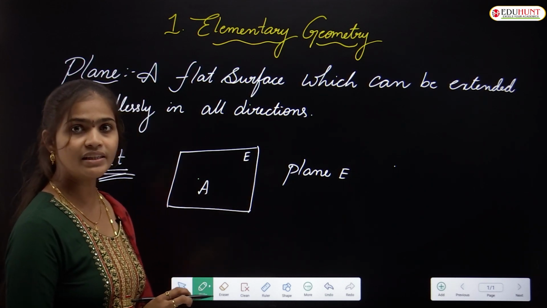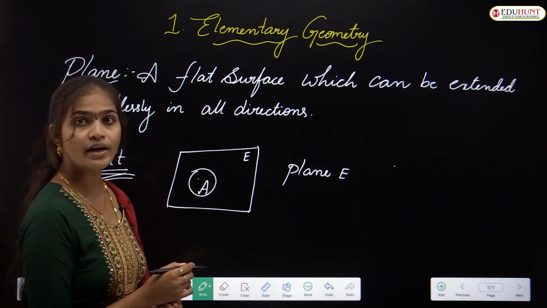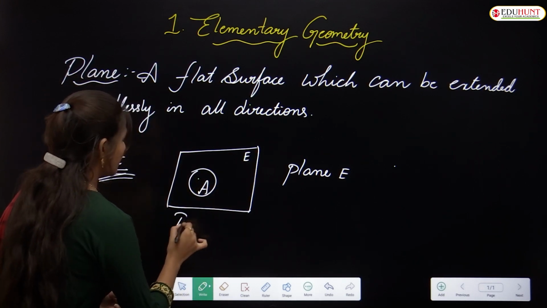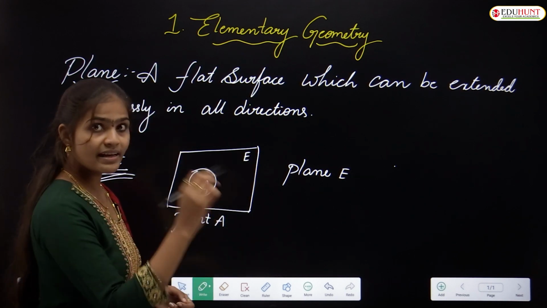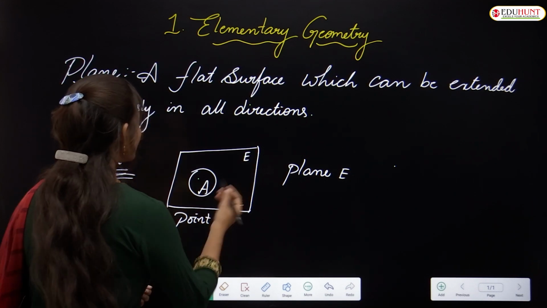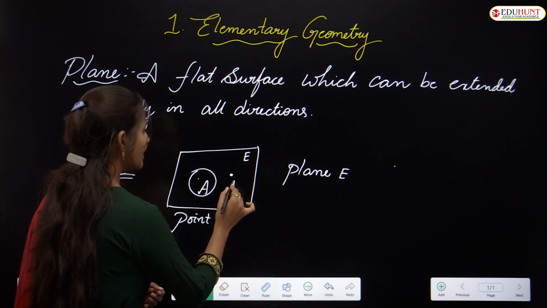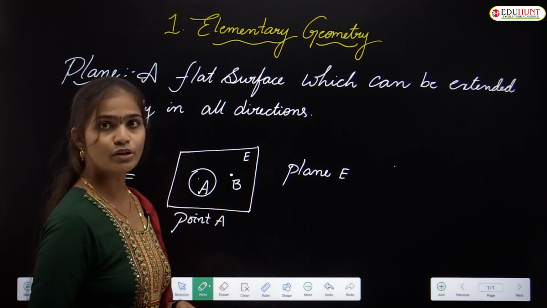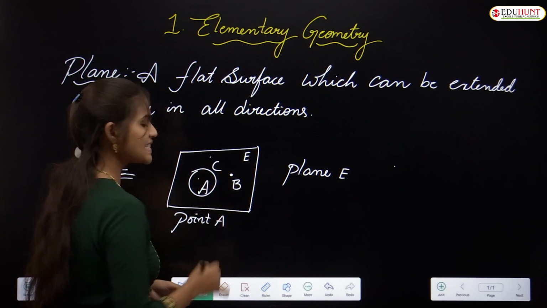This one I will call point A. Always points should be represented with capital letters only. Here I have taken another point, this is point B, and this is point C.